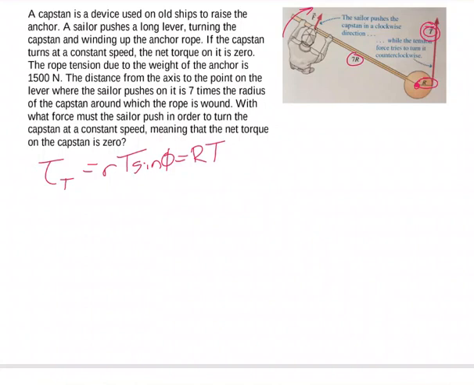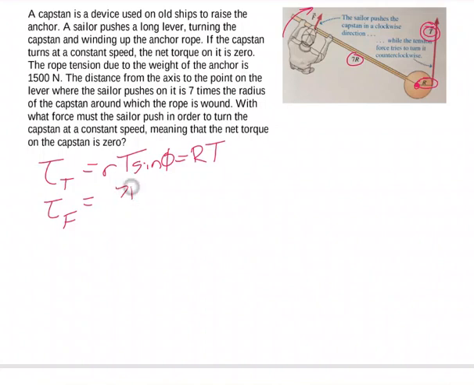Now we also have the tau, the torque of the force being applied by the guy pushing on the arm. What will that one be? 7R. Okay, 7R is the distance away from the pivot point.